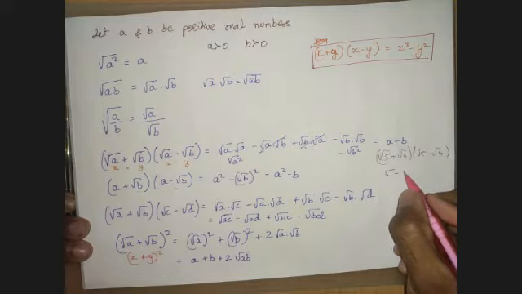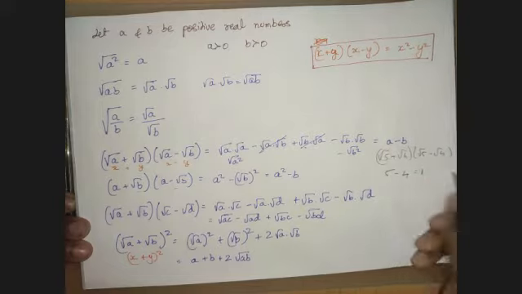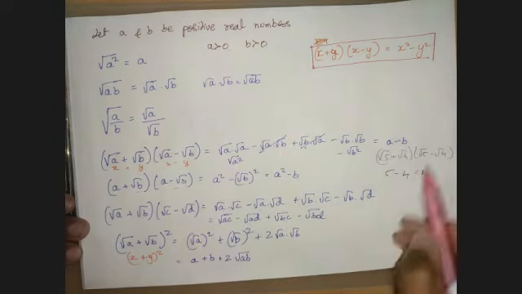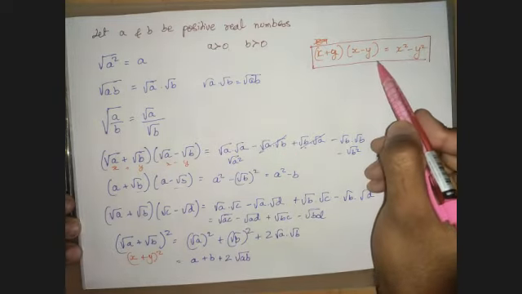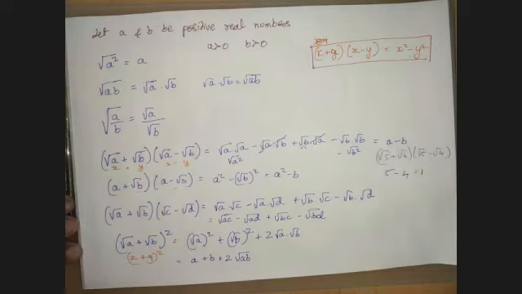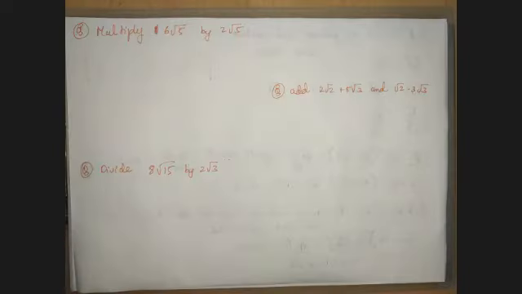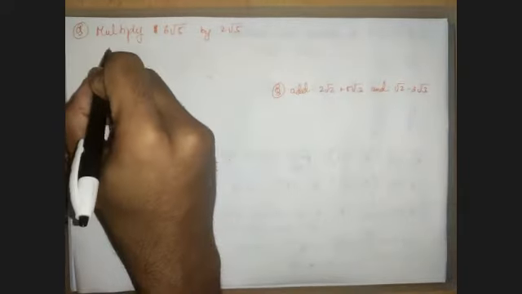Root 4 square is 4 itself, so it is 1. So see, this is much more simpler than doing this long process. So we prefer using this formula, which is very important. Please remember this. So let us look at some problems based on those properties. I expect you to write all those properties and keep it next to you and practice it. Okay. So now let us look at the first problem.